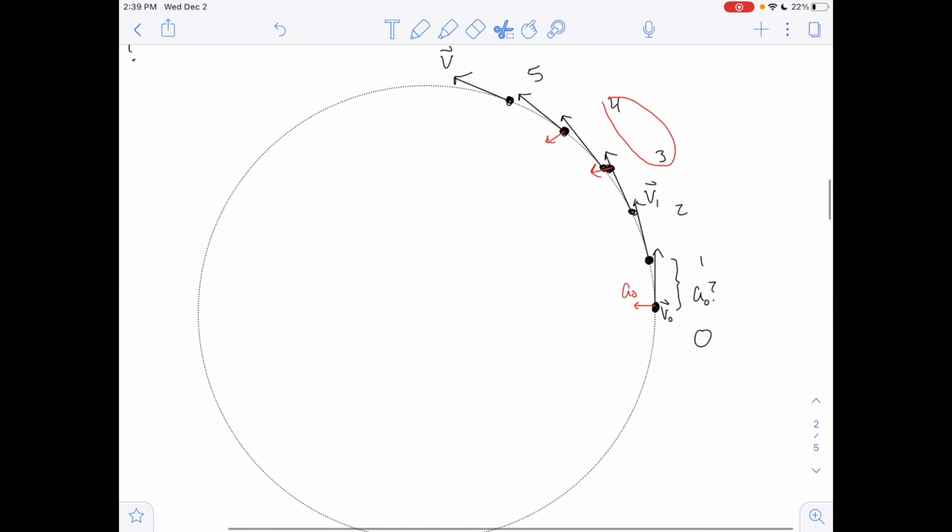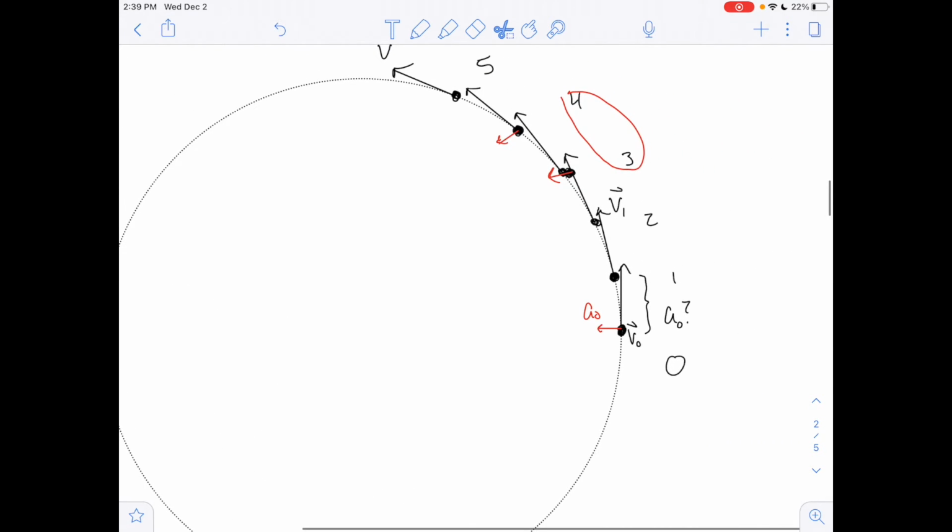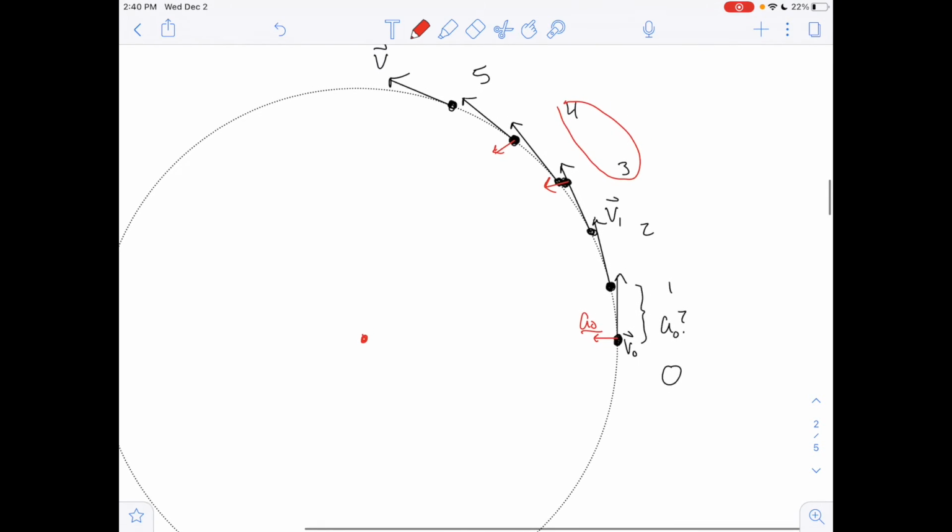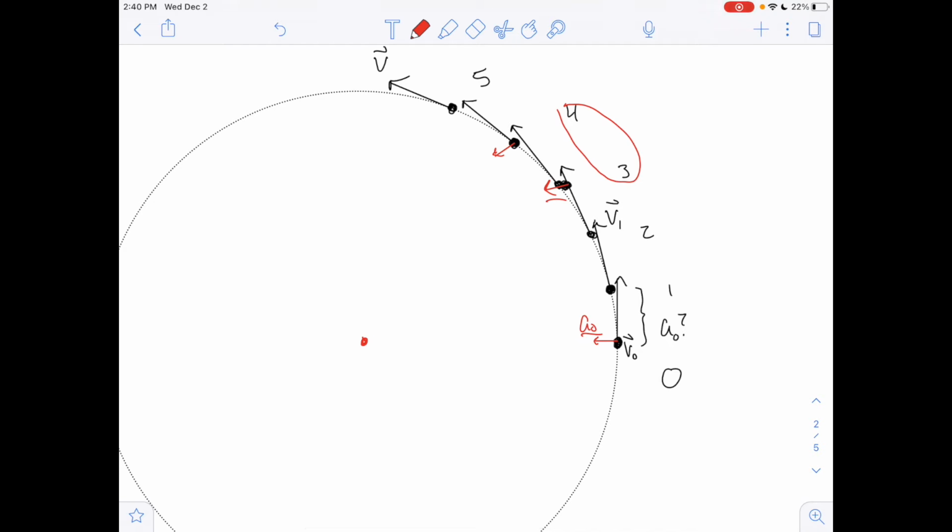And so now we have 3 different acceleration vectors. And hopefully what you can see is that the general direction here is towards the center of the circle, right? So A0 is pointing towards the center. A3 is supposed to point towards the center. We're a little bit off. If we were to put these intervals closer together, so they're kind of spread out here, then you would get a more accurate representation of the acceleration and they would point closer to the center.